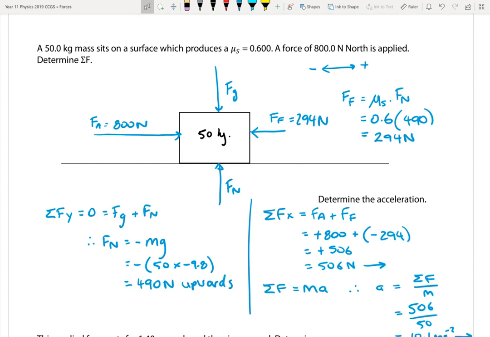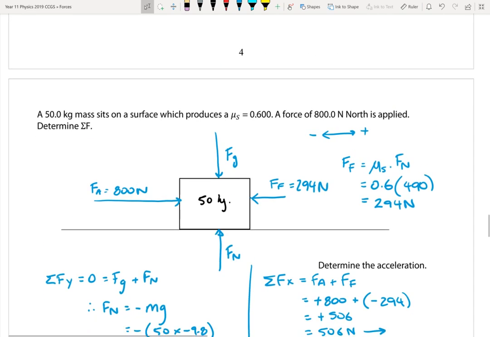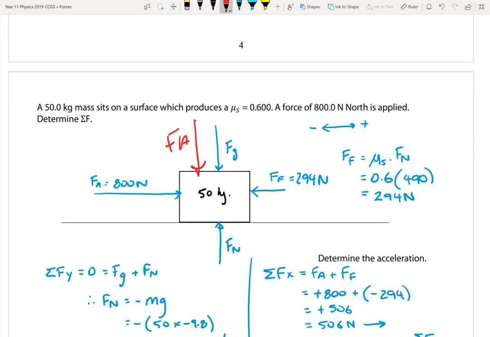Let's say we've got 20 newtons on papers here. So right now, 20 newtons down, 20 newtons up. Let's say coefficient is 0.6, so I know that friction is 12 newtons. Now, Jamon, push down with 20 newtons. Now what Jamon has just done has added an extra applied force.